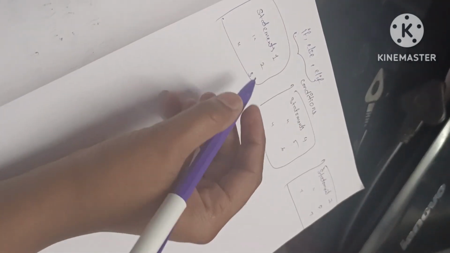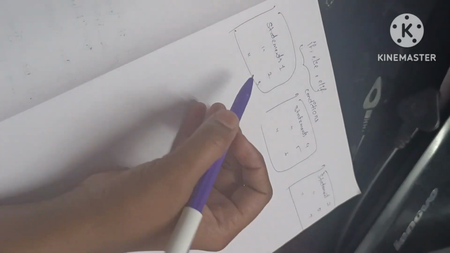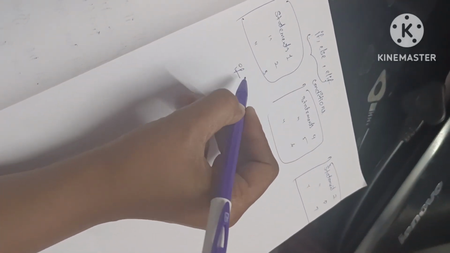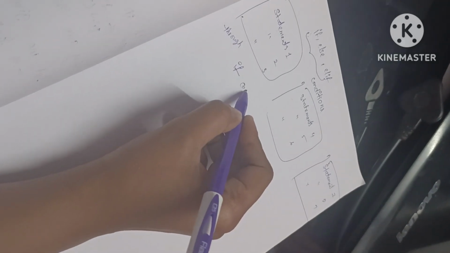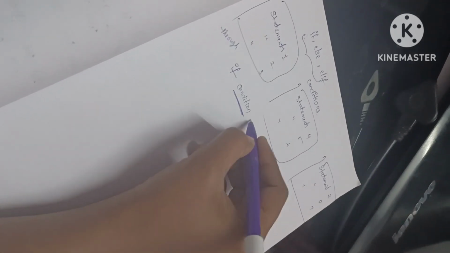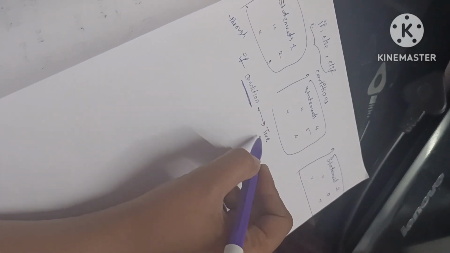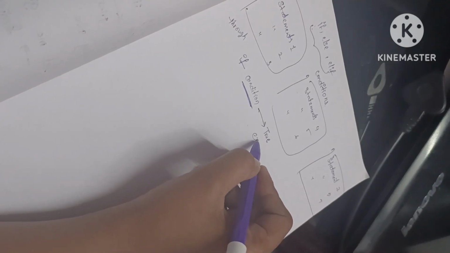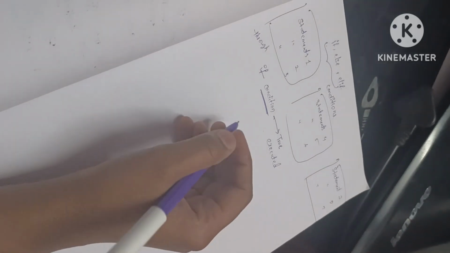Based on some condition, if the given condition is true, that block will be executed. If the given condition is false, it won't execute that block and execution will move to the next block. So the system will execute based on those conditions.